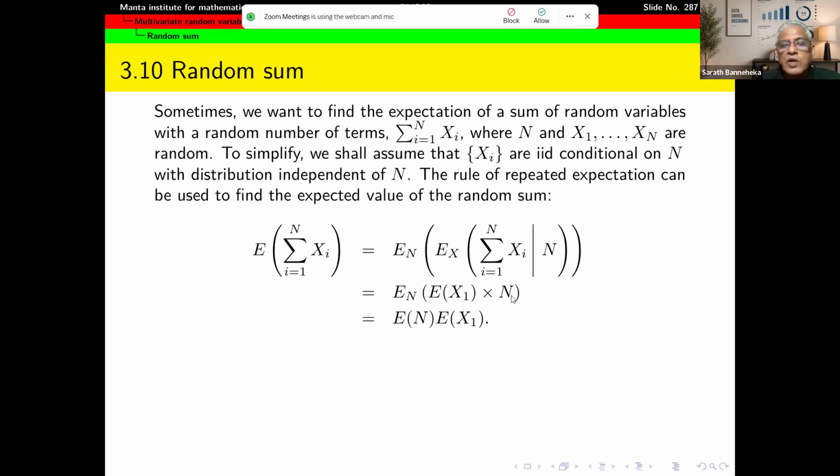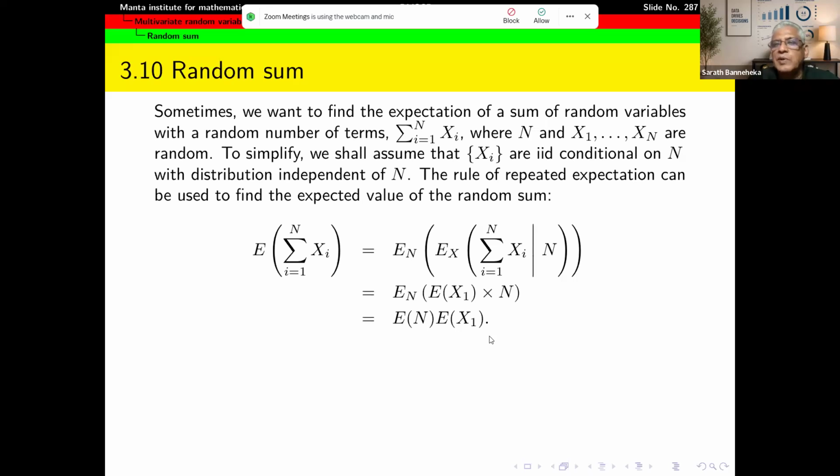Now this expected value of X1 is a constant, but N is random when you are considering the expected value. So the expected value of this quantity with respect to N can be obtained by taking the constant out of the expected value first, and then the expected value of N. That is where you get expected value of N times expected value of X1. That is a very intuitive result also.